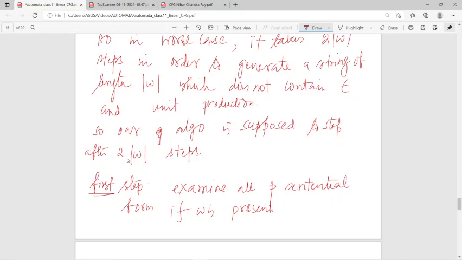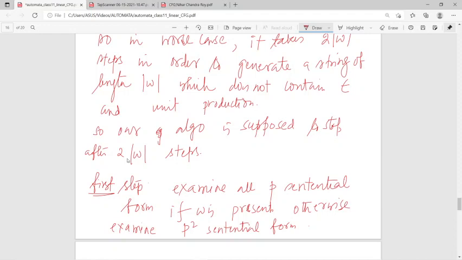Otherwise, in the second step we have to examine P squared sentential forms. So in the first step, the productions replace all possible variables with terminals, so we get P squared sentential forms.